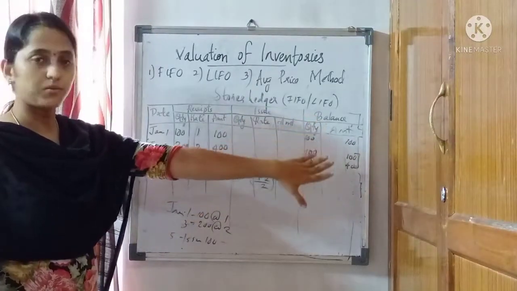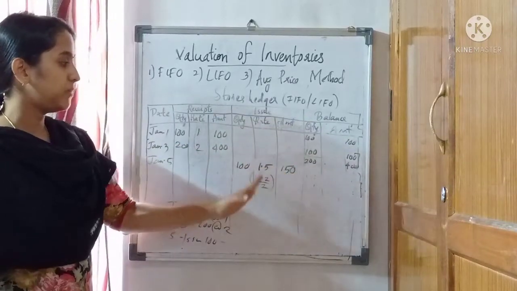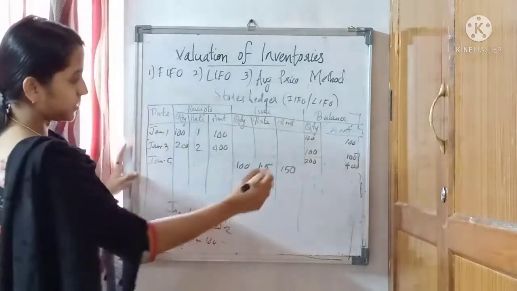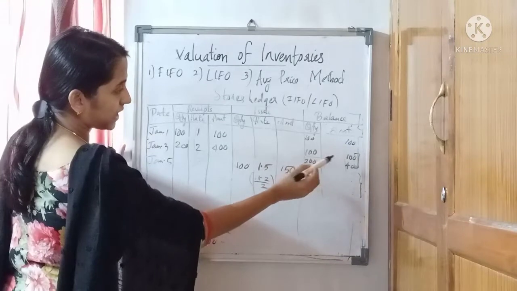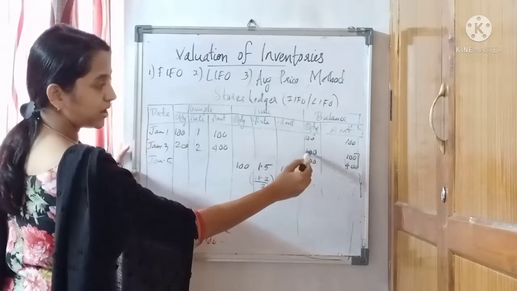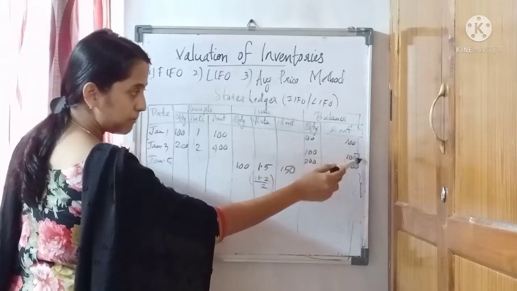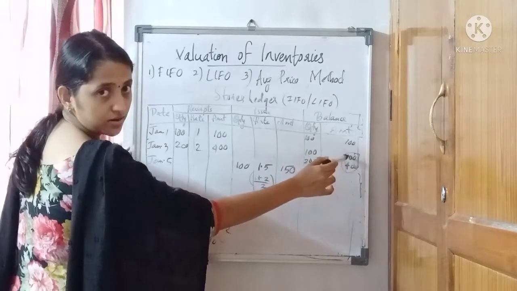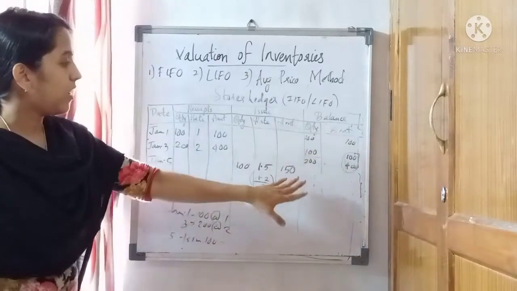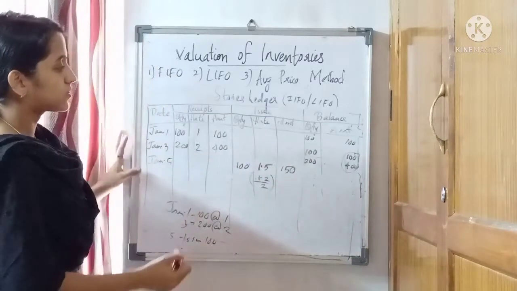Then again, coming to the balance portion, what will be the balance? We will ascertain that: we already have a balance of 300 in quantity, and the amount is 400 plus 100, 500. Then we can find out the balance column like that.